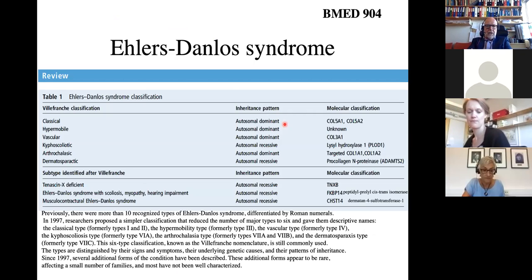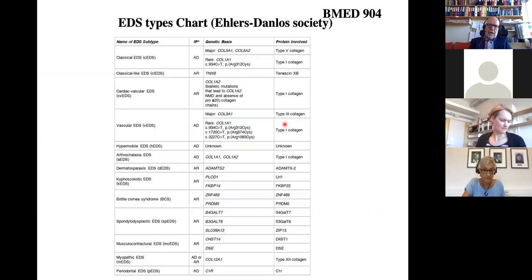And then there are some more recent proteins, a protein called tenascin X. And here again, the different genes mutated in different forms are listed.